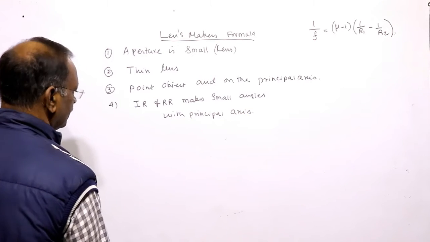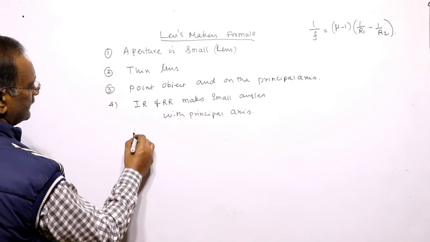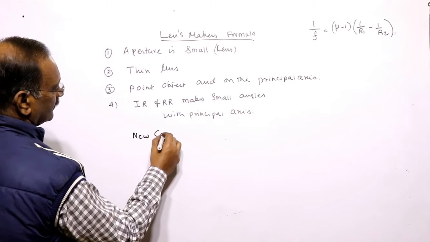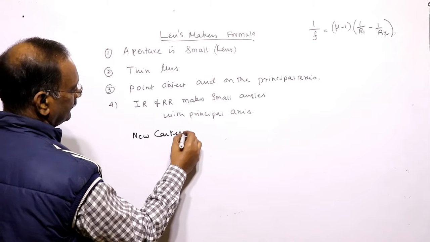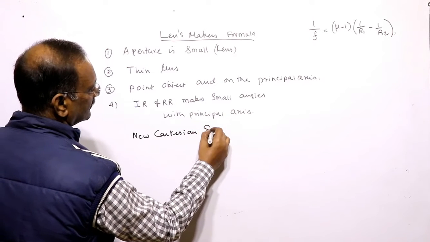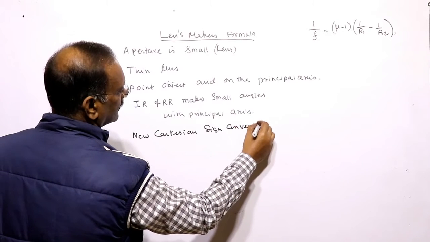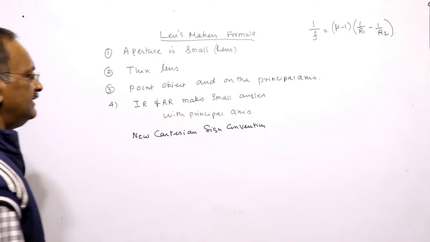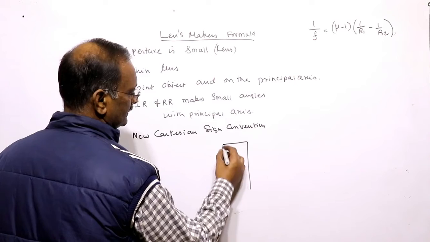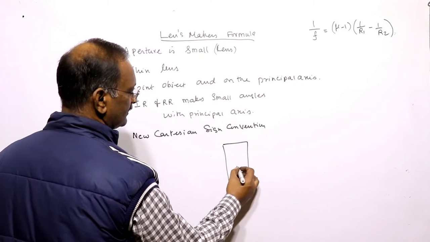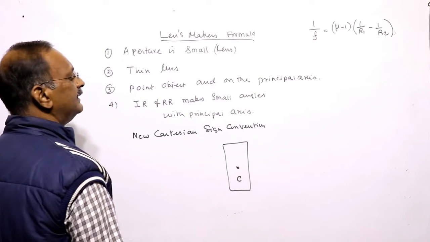Now the new Cartesian sign convention. This is the lens, maybe concave or convex. This is the optic center.